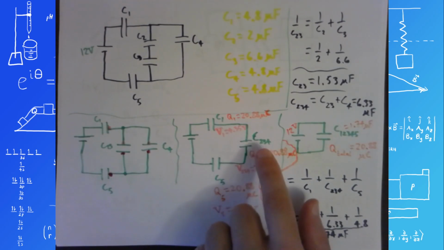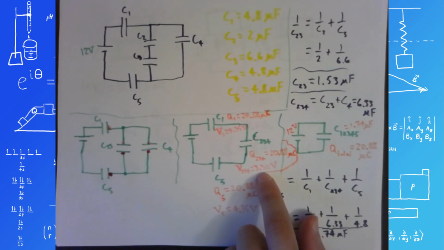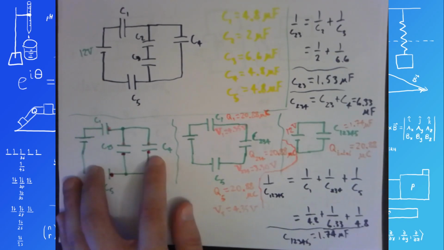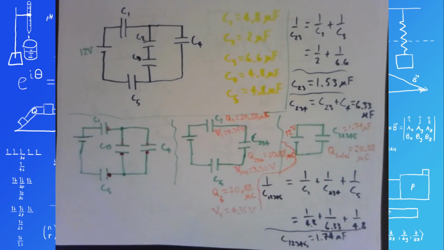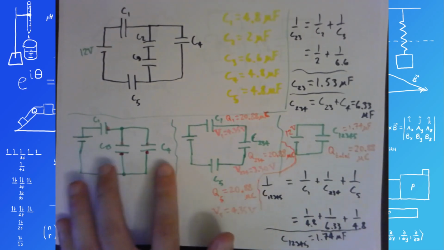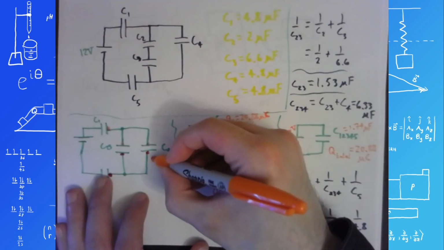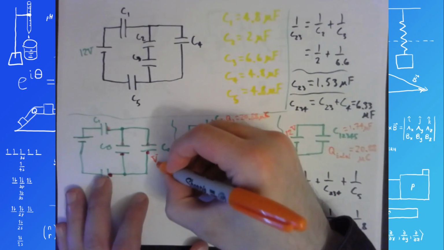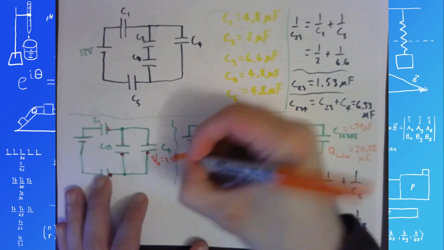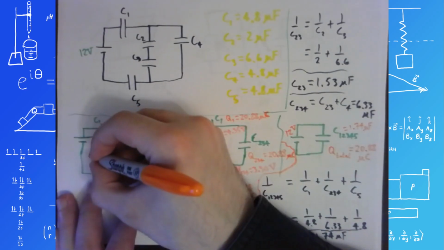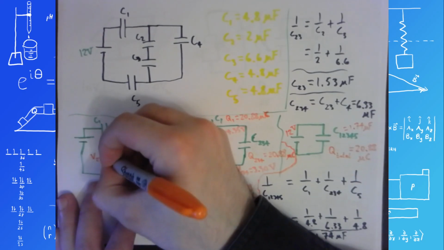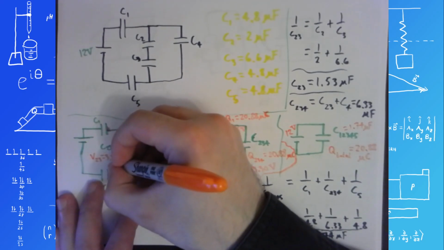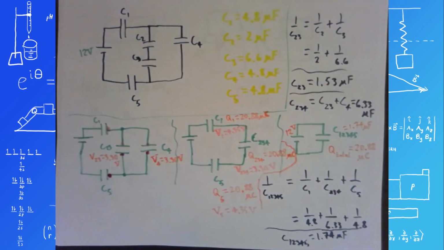So the voltage across C234, the 3.30 volts, must be the voltage across each of these. So I'm going to go ahead and say that C4 and C23 will have voltages of V4 equals 3.30 and V23 is 3.30 volts. And from there, I can calculate the charge on each of them.